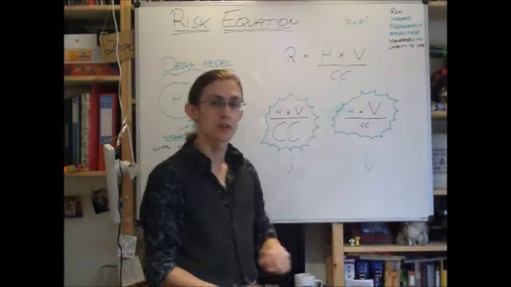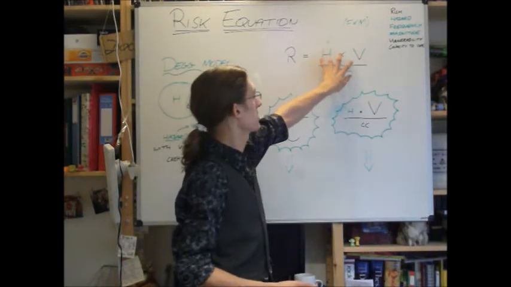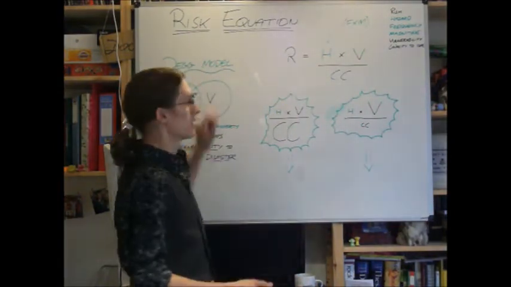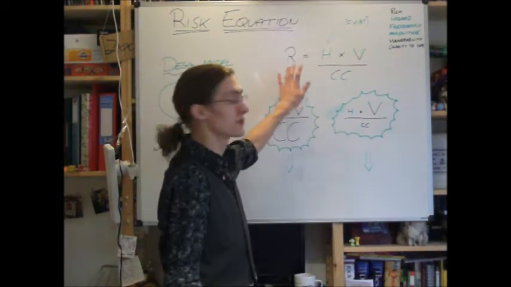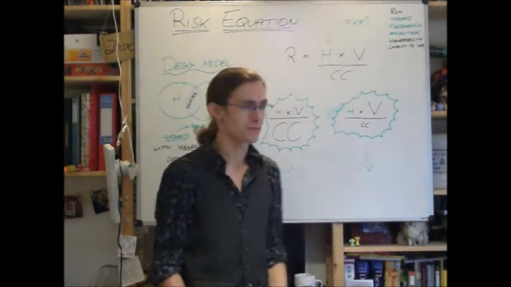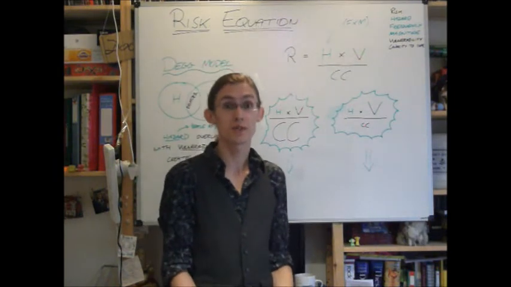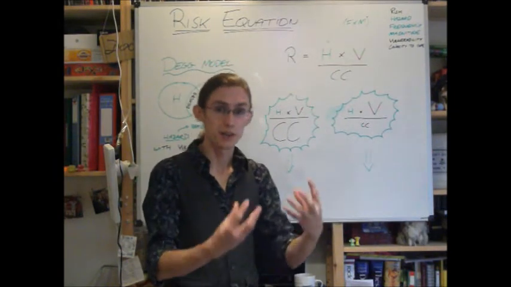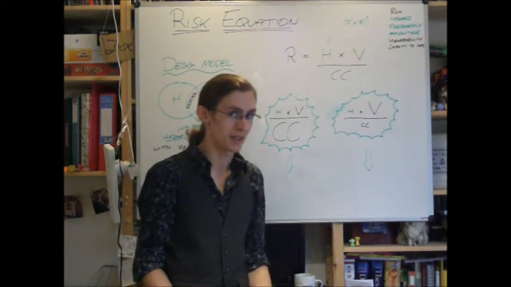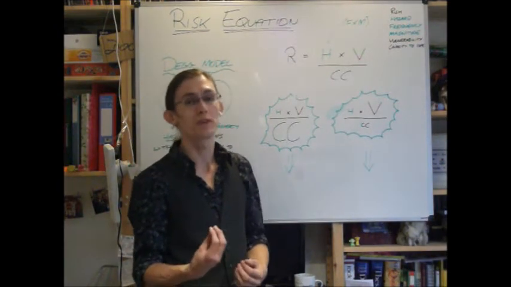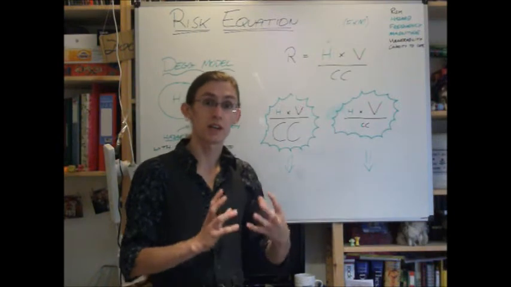We divide this disaster aspect, hazard and vulnerable population, by the capacity to cope, and that gives us an idea of risk. Now there's no exact units for this. You don't have a unit of risk, a unit of hazard, a unit of capacity to cope. It doesn't work like that. What we do though is we just use it as a guideline.